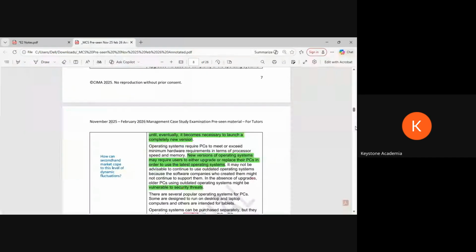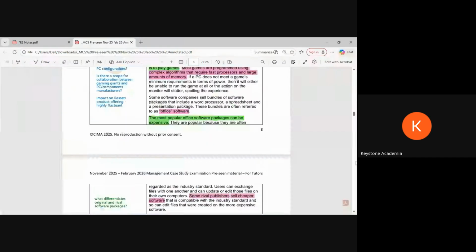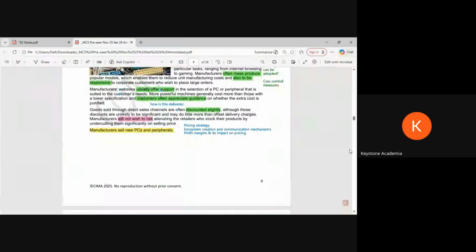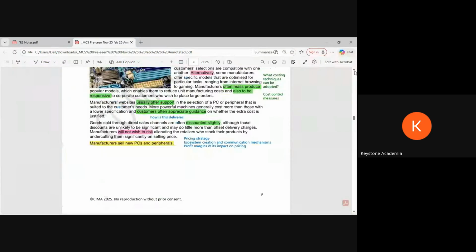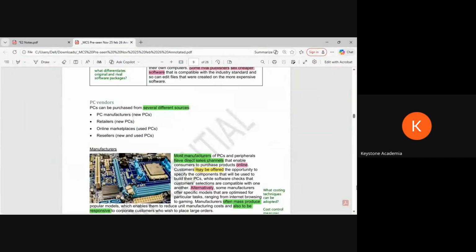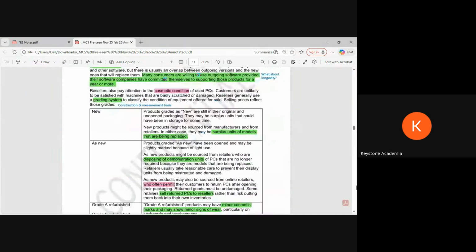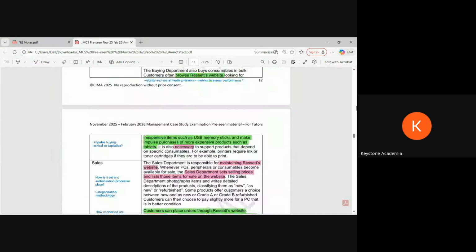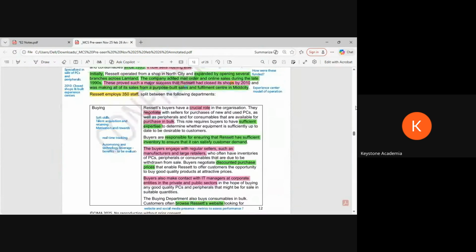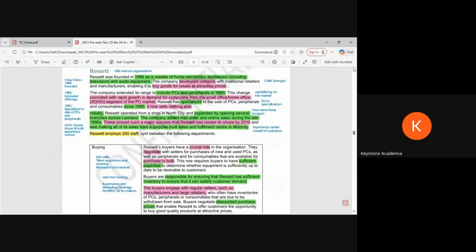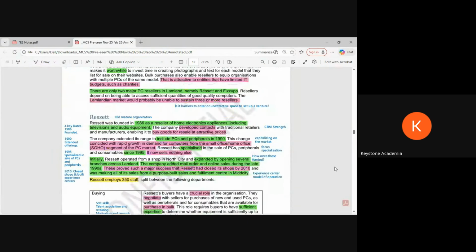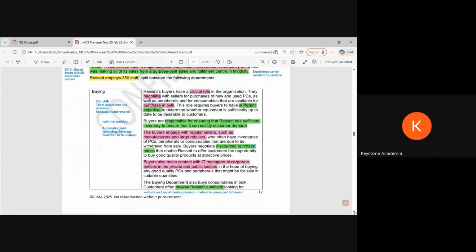For example, now this is about the software. I'll go to that page. This is about where we are buying from. There's nothing to worry about. This is the grading. So once you start into the business, when they say buying, you can just look at it as a buying department.